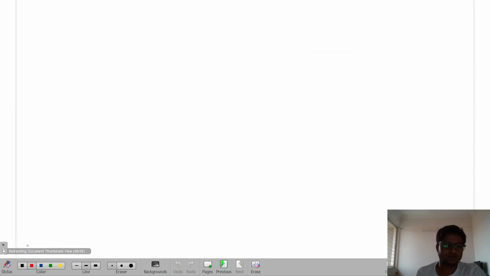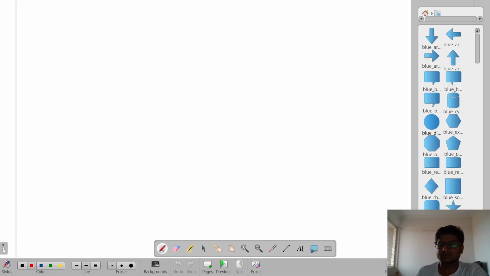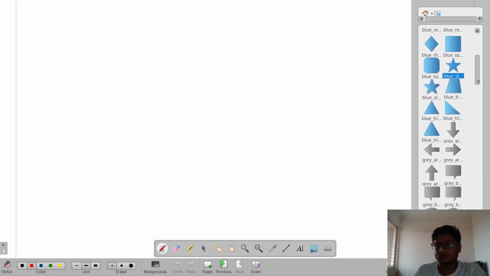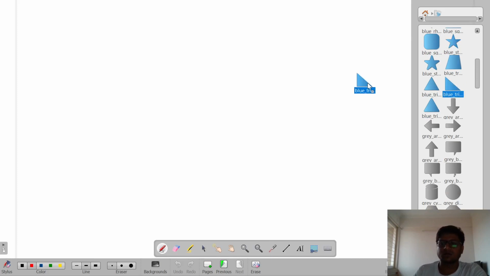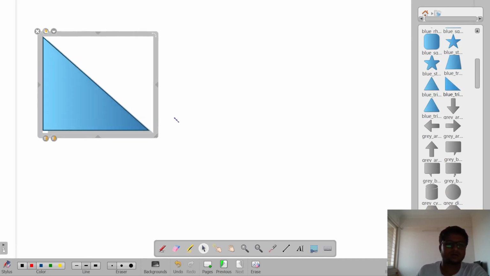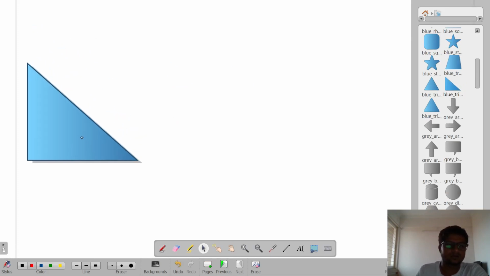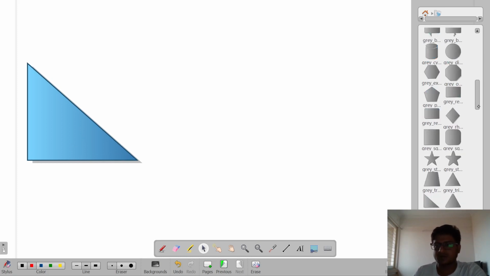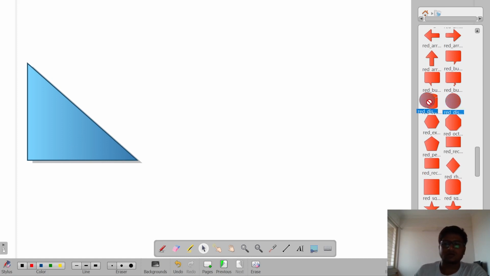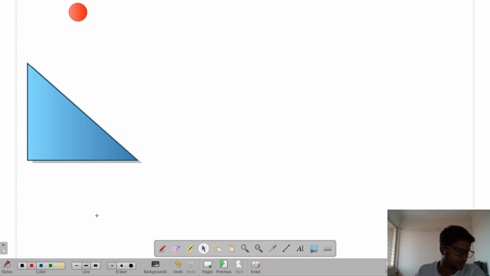Okay, now look over here. Let's suppose there is a triangular lamina, and on top of it a ball is dropped from a certain height h. I'm just dropping a ball. Got it?